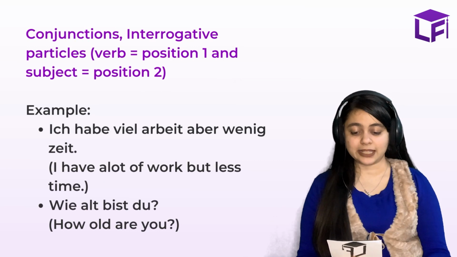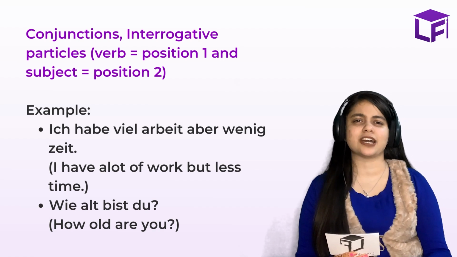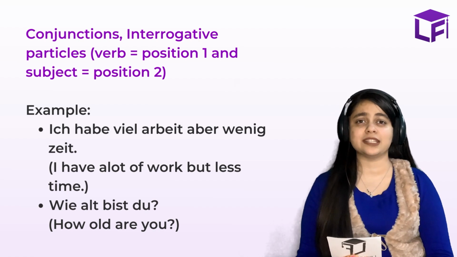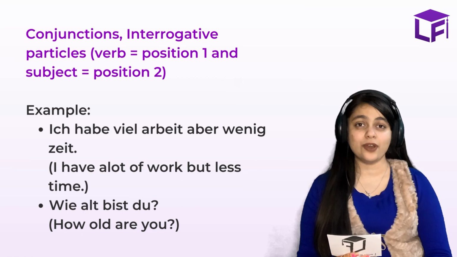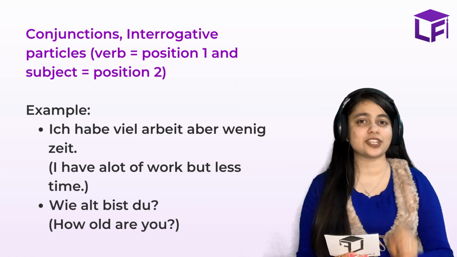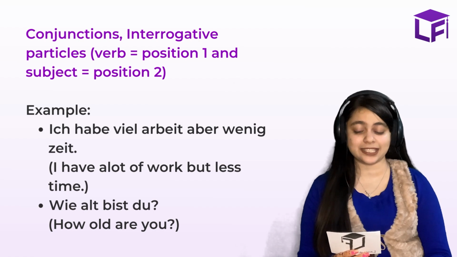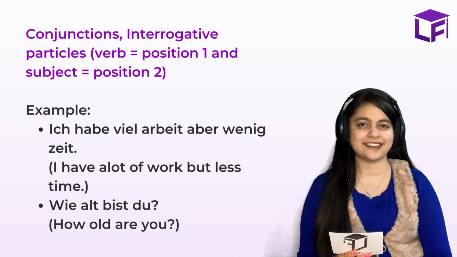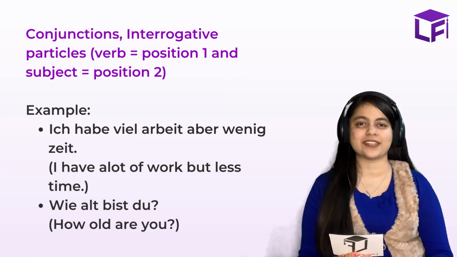These particles that occupy position 0 can be conjunctions or interrogative particles, etc. Now, in this context, the verb takes the first position while the subject of the sentence takes the second position. Okay? Let us understand this better with the help of examples.